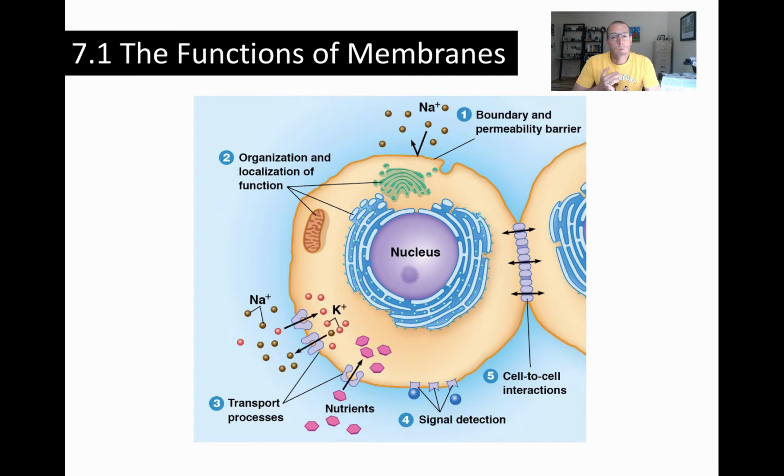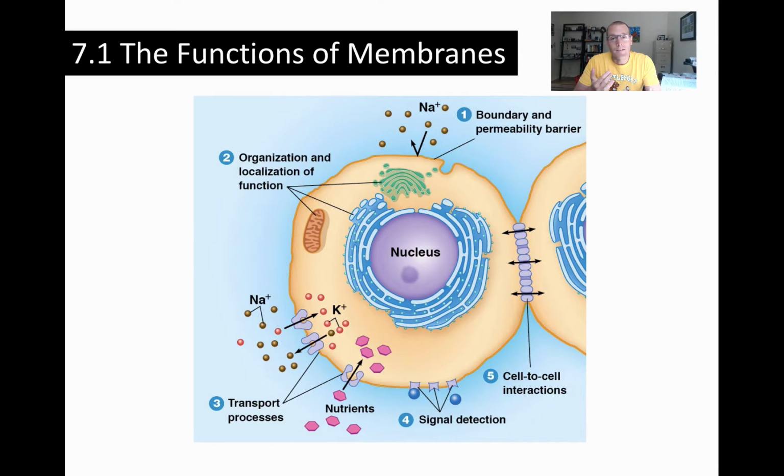Transport is obviously an important function of the cell membrane because of this property of selective permeability. So there are transport proteins that regulate the movement of materials in and out of the cells, and also, don't forget, in and out of organelles. Membranes are sites of receiving signals, so down here number 4, receiving information from the environment, so there can be an appropriate response by the cell. And then lastly here, we can think about the role that the membrane plays in interacting with other cells in tissues.